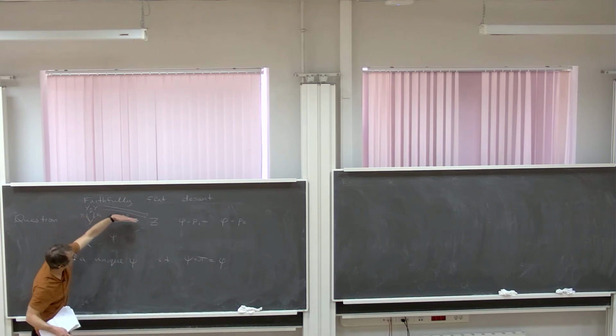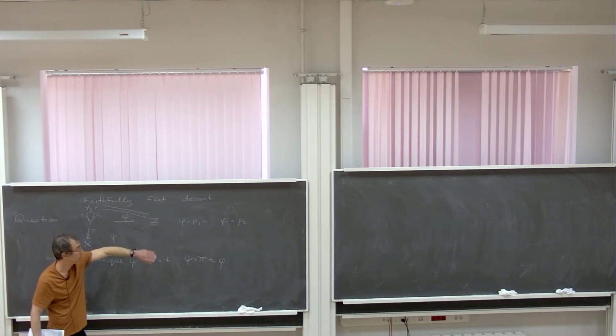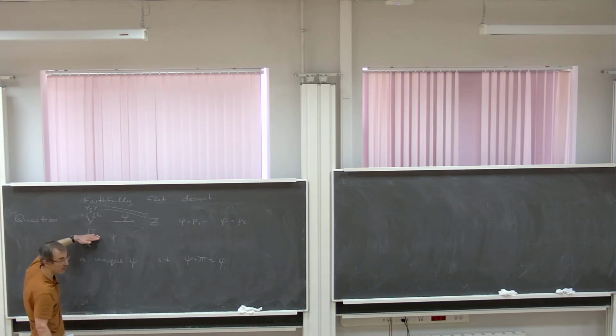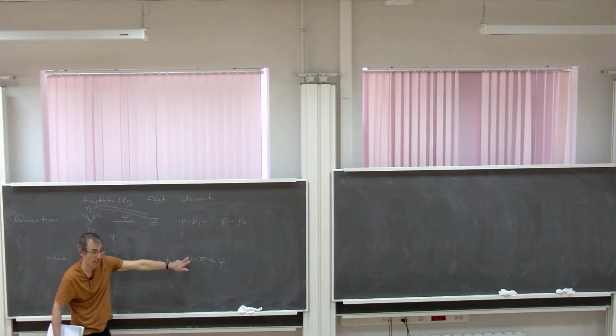So these two arrows are the same. So if X, Y, and Z were just sets, then this condition and the surjectivity of pi would guarantee that such psi exists and is unique, right?